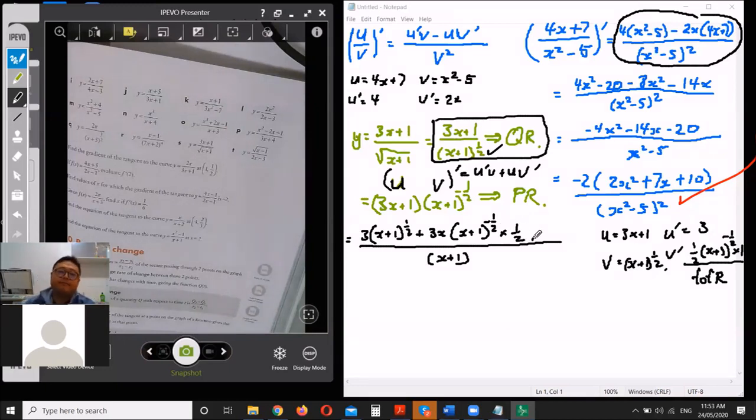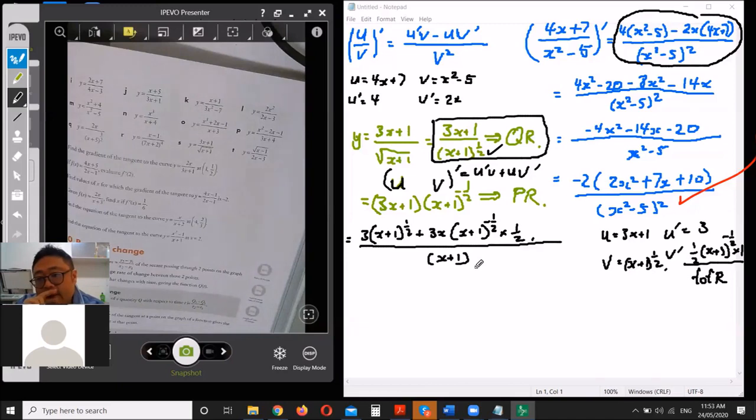Is that right? So it'll be 3 outside of x plus 1 to the half. I don't think it's x plus 1 to the minus a half for the second bit, is it? Why wouldn't it be?